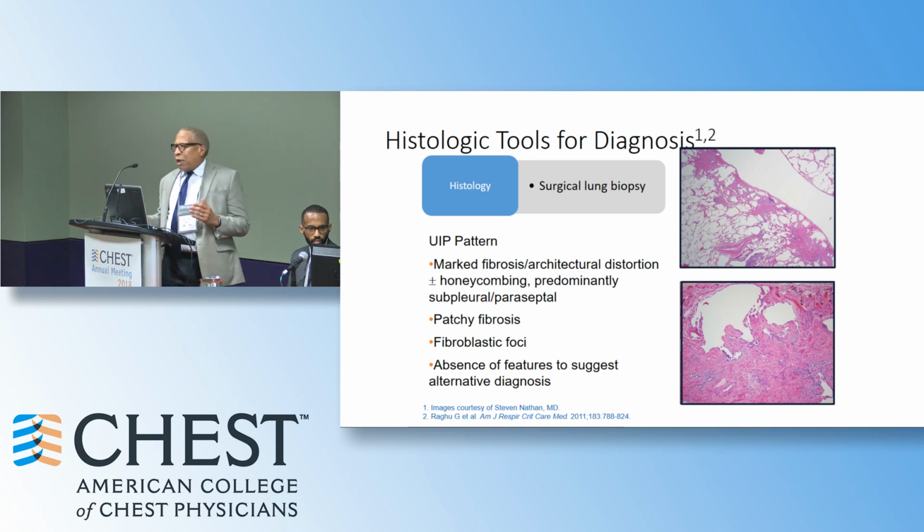And the reason why I introduced Averill is to emphasize the importance of pathology in this disease, which we get less and less of. But this is a slide taken from an image from the 2011 guidelines from the ATS.